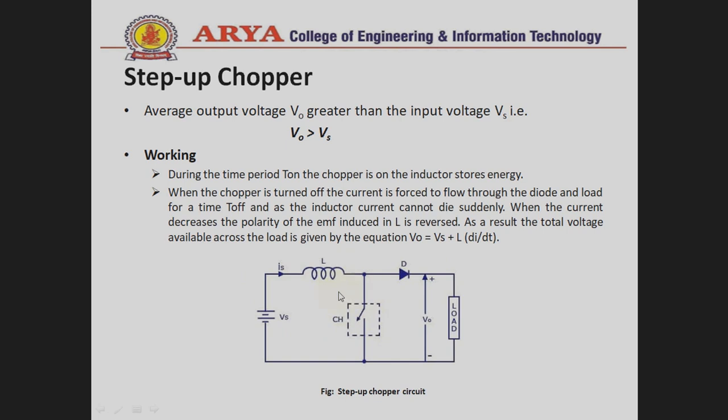When chopper is off, then current flows through the diode, because the inductor releases its energy in the reverse direction, and this current is forced through the diode in the forward direction. So the circuit is complete, and in this condition the output voltage is equal to input voltage and the inductor voltage.